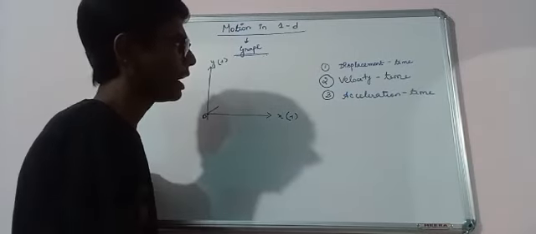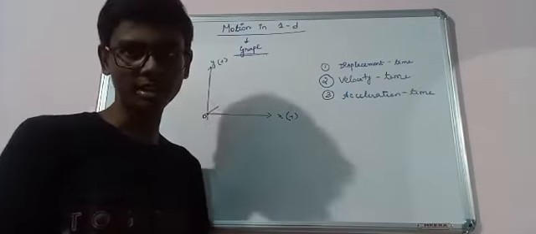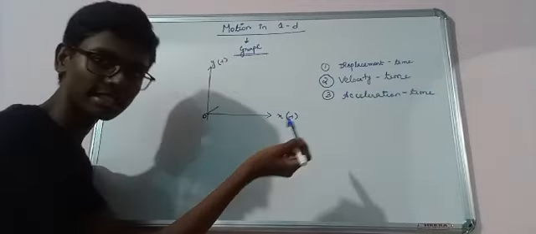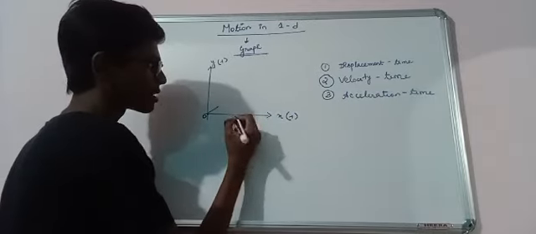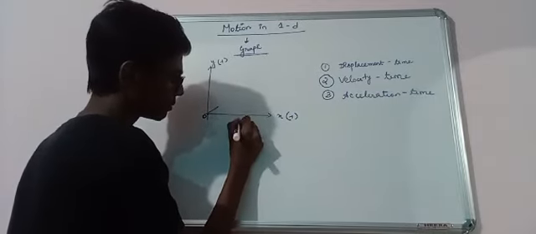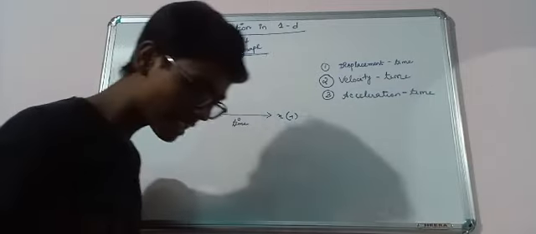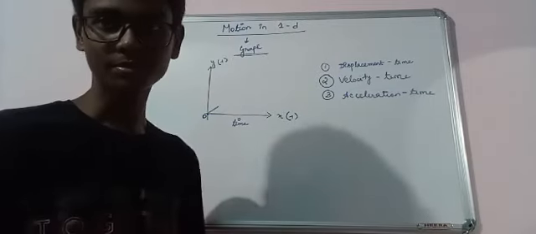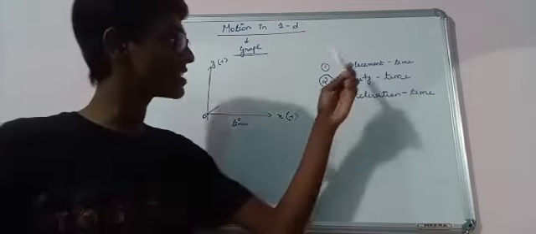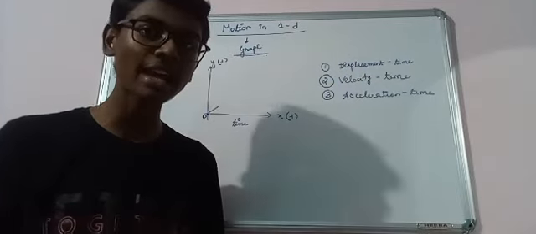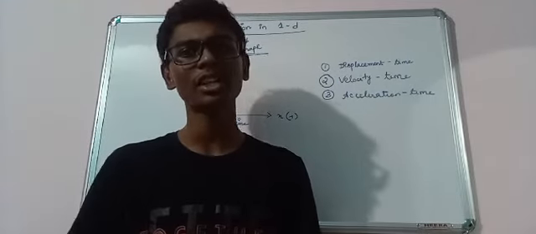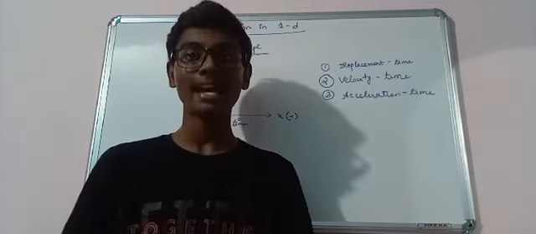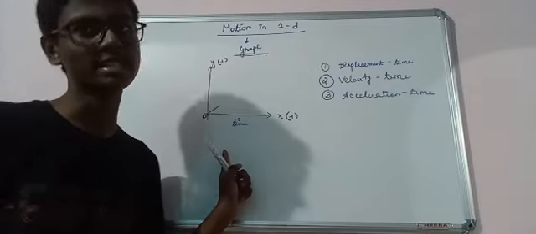First, let us be clear with one thing. The x-axis is always time. Be it displacement time graph, velocity time graph, or acceleration time graph, everywhere the x-axis means time.